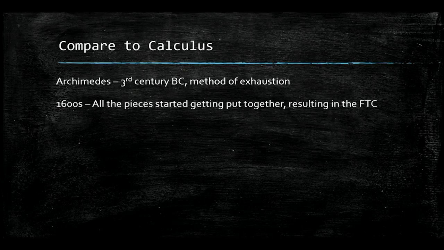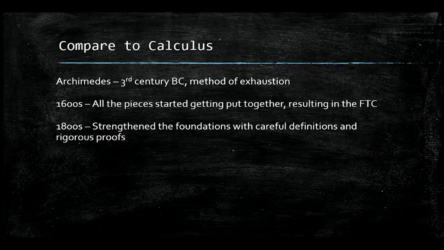In the 1600s, a lot of little pieces started getting put together. We had the fundamental theorem of calculus with Newton and Leibniz. In the 1700s, people started using calculus a lot. And then in the 1800s, all the pieces started to get put a little tighter together.